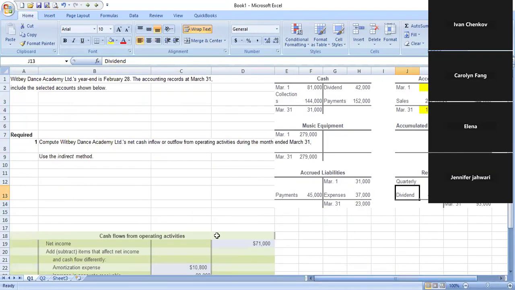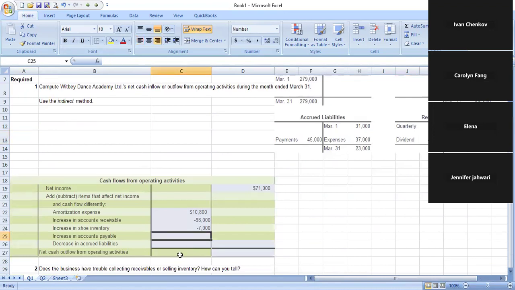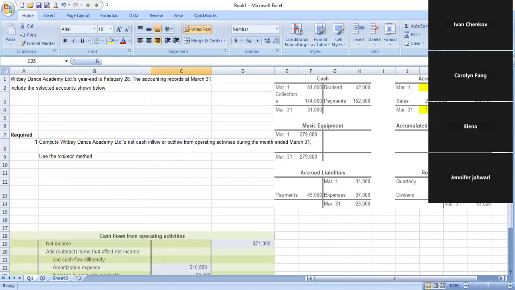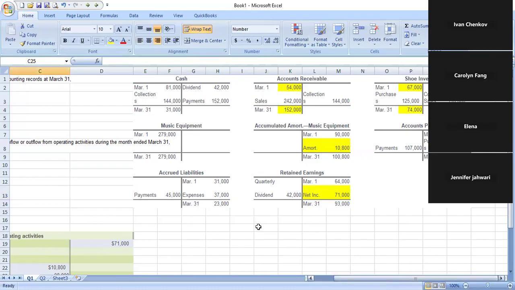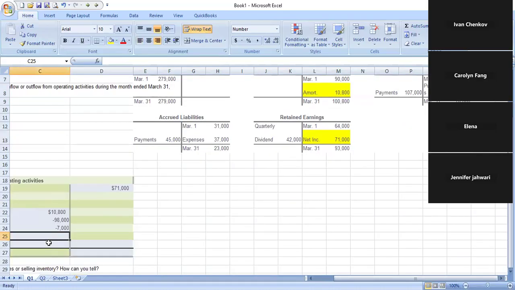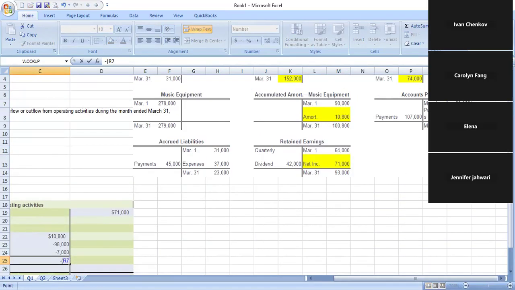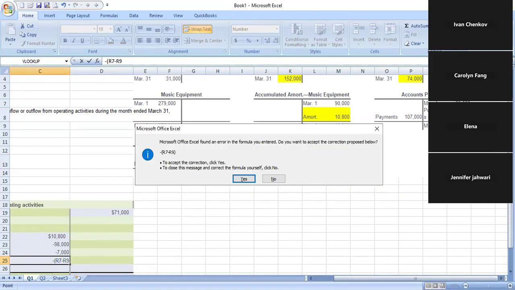The next thing we have to check is the increase in accounts payable. We're going to see the accounts payable here. So what was the idea here? That will be minus in the bracket now. We're going to have beginning balance minus the ending balance. That's the only thing that we're going to change.